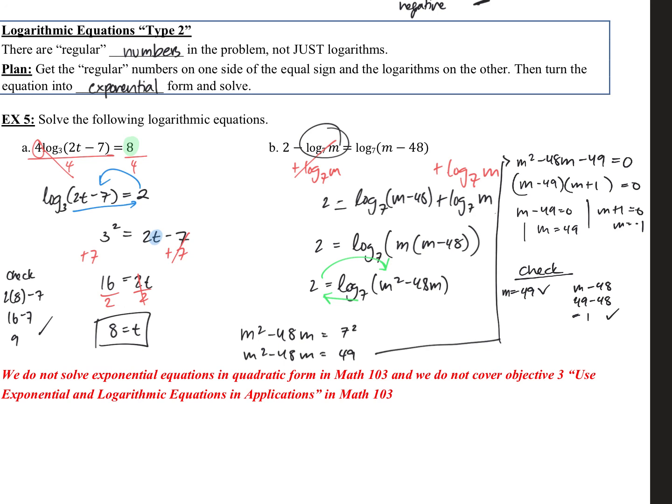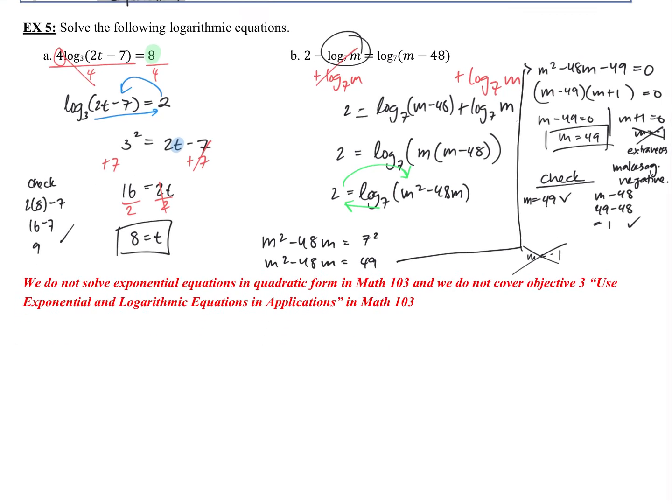Okay, so 49 works. Now let's plug m into the first one. So if m equals negative 1, ooh, that doesn't work. We can't have a negative. We'll go ahead and cross that out. Say extraneous, makes argument negative. You can go ahead and abbreviate argument. Alrighty, so there we go.